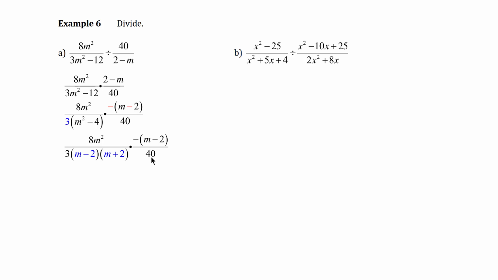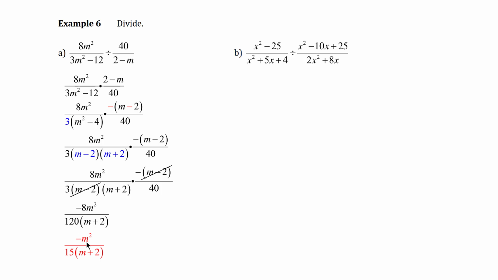Next, we could cancel out a common factor of m - 2 on the numerator and the denominator. We can also multiply the 3 and the 40 on the denominator. The result is -8m² divided by 120(m + 2). Next, we could simplify further by reducing -8 over 120. The final result is -m² divided by 15(m + 2).